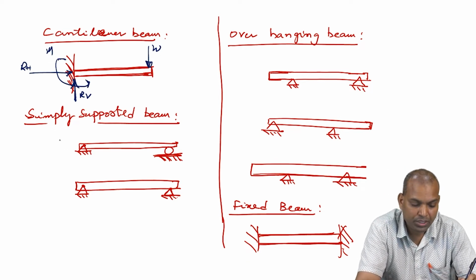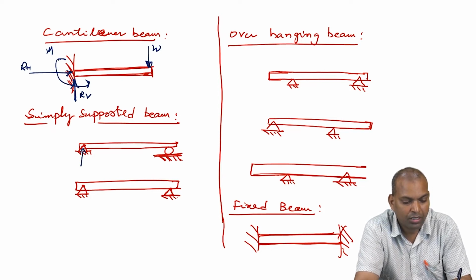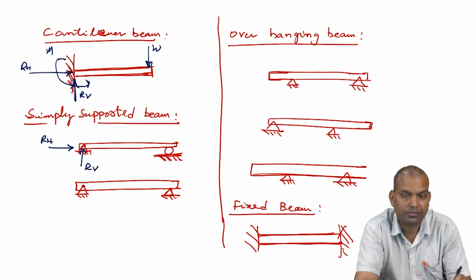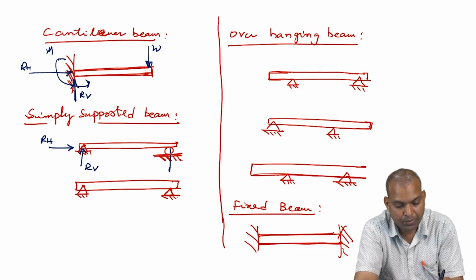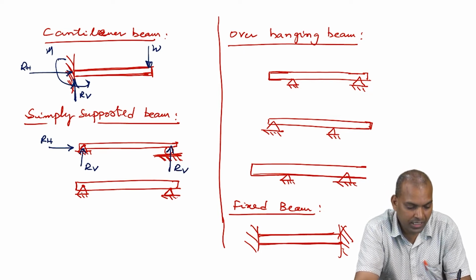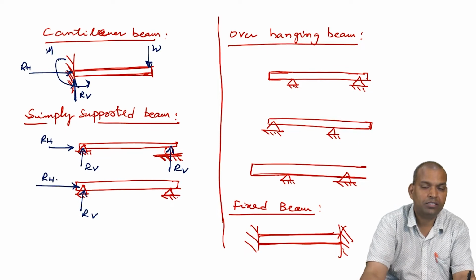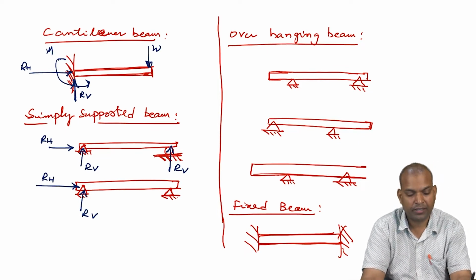In the case of a simply supported beam, for a hinged support, vertical reactions and horizontal reactions will occur. For a roller support, only one vertical reaction. Here again it is a hinged support, so vertical and horizontal reactions are to be considered in order to calculate the shear force and bending moment.